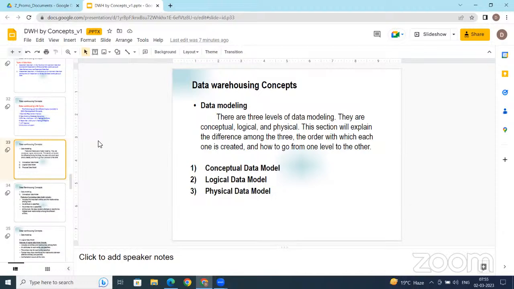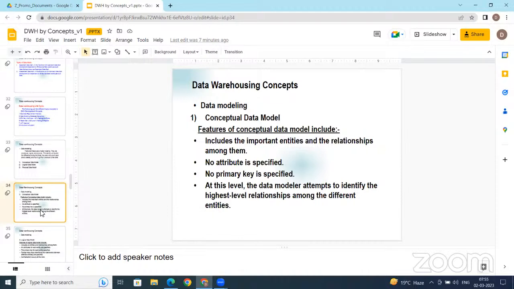In conceptual data modeling, there won't be any table creation. First of all, we have a clear discussion. We should have an understanding of the business, and we need to declare what the entities are and what relationships are required among the entities.